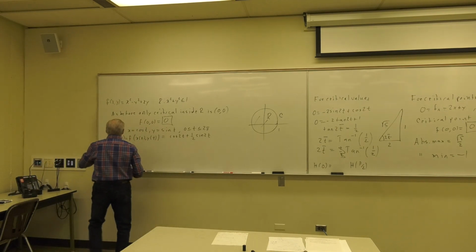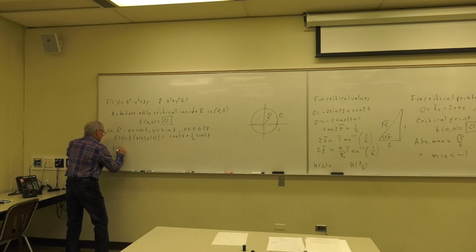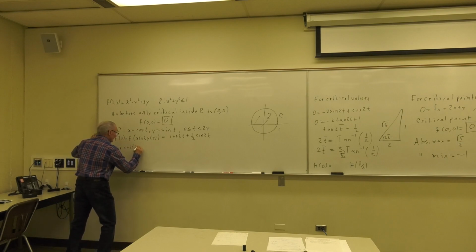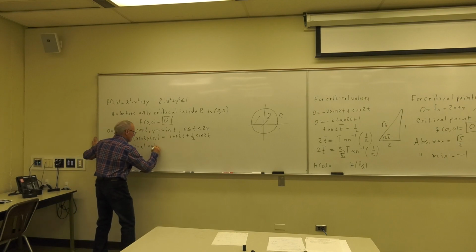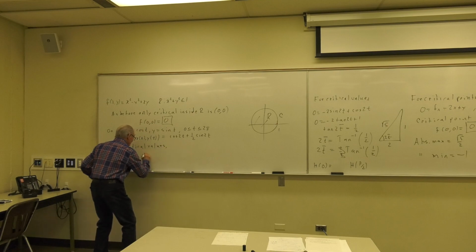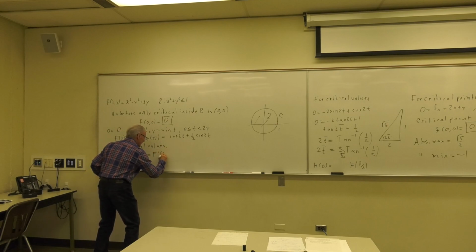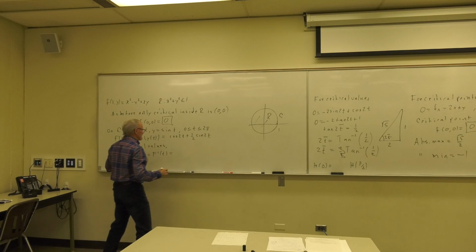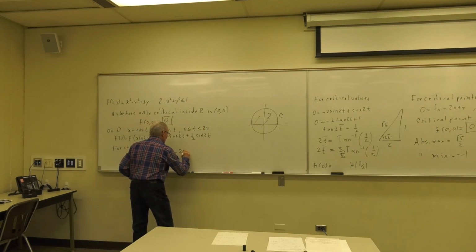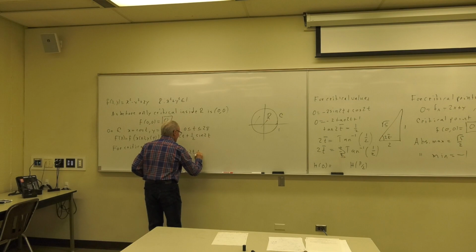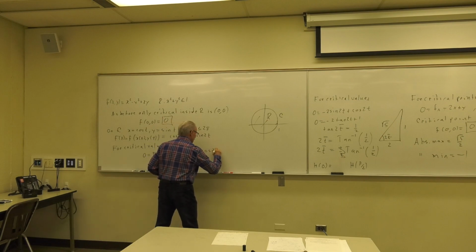Okay. So now we say for critical values, we'll put 0 equal to f prime t, and we'll have the same thing that we had before: minus 2 sine 2t plus the cosine of 2t.